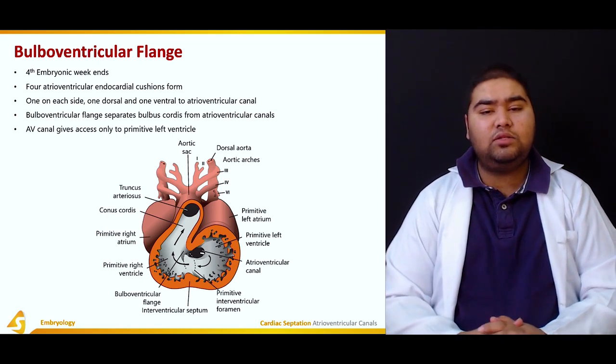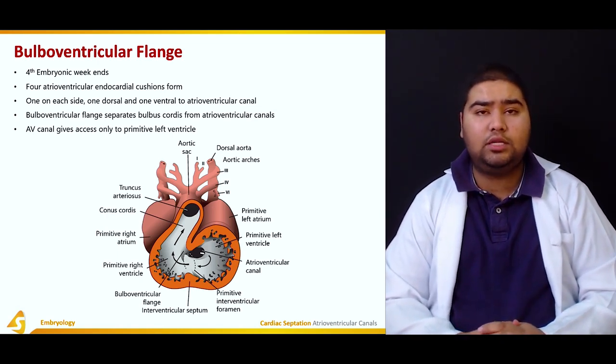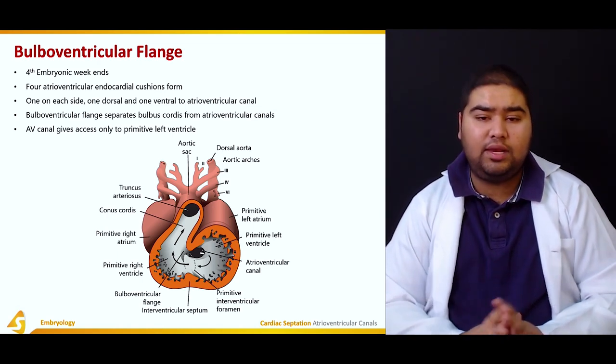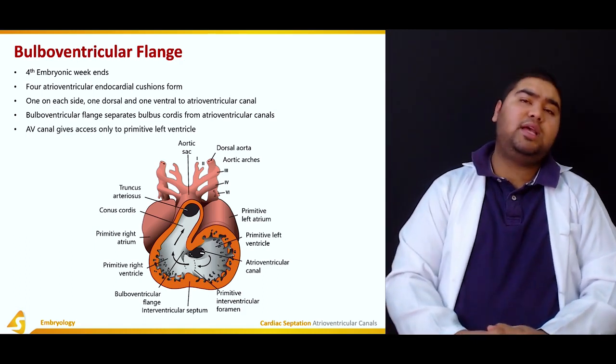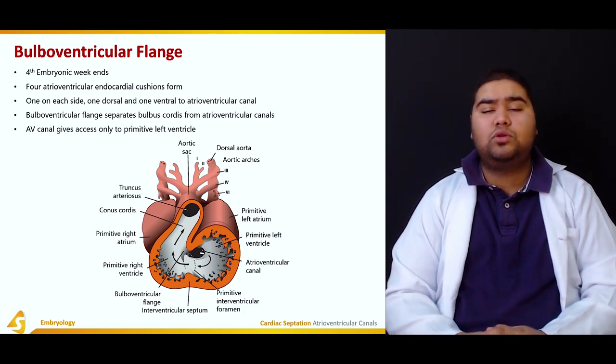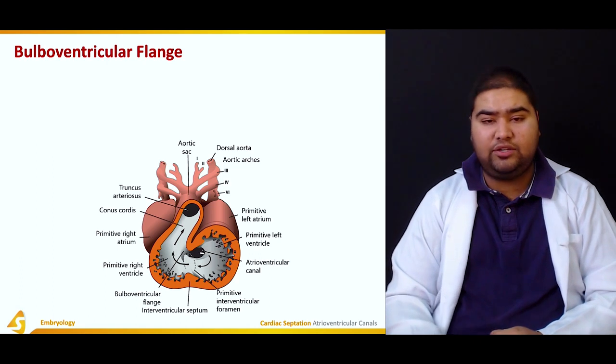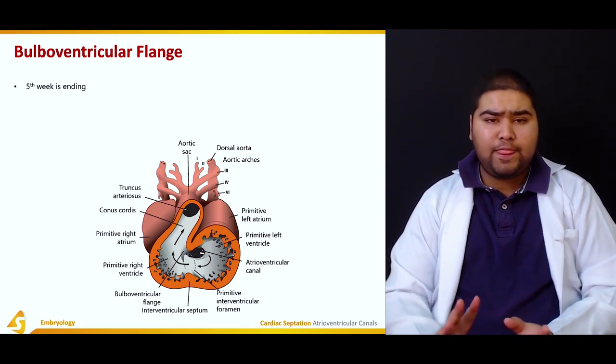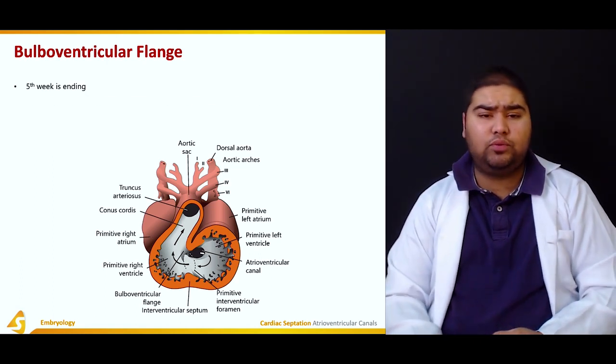The AV canals also give access only to the primitive left ventricle. At this point, the AV canals only access the primitive left ventricle. So now the 5th week is about to end.